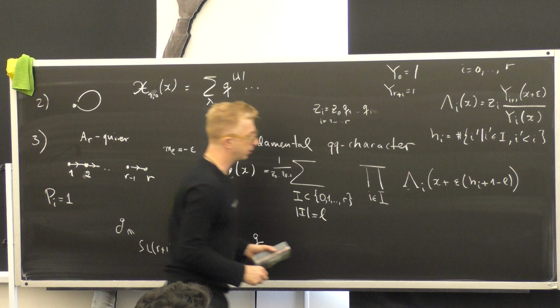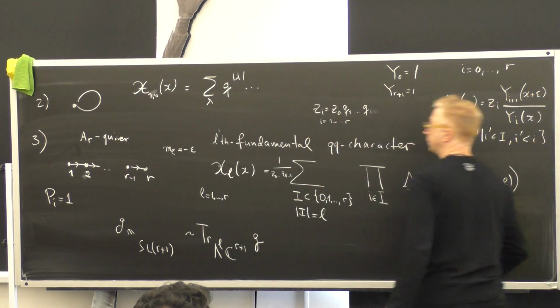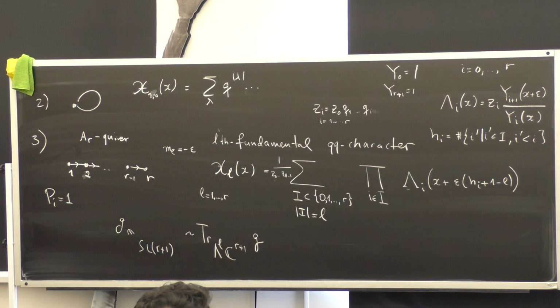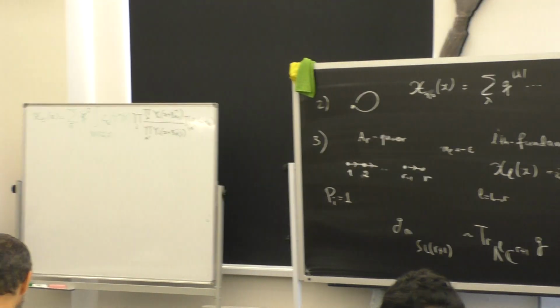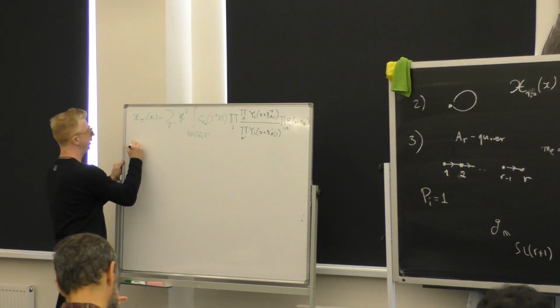Well, okay, so maybe the warning. So the first case where you cannot escape derivatives applied to y functions is the D-type quiver. So okay, so the example number 4, but very sketchy.